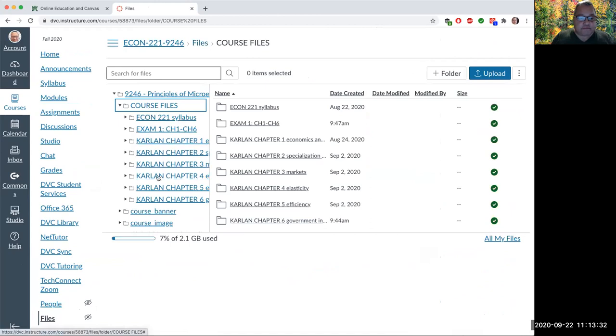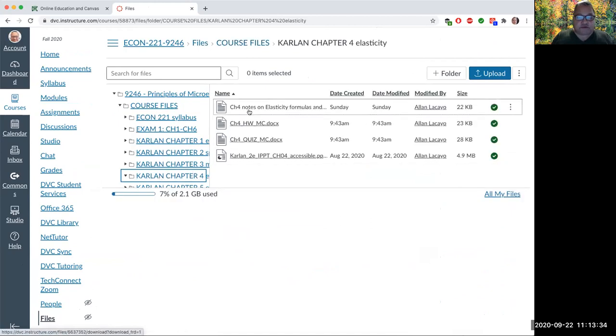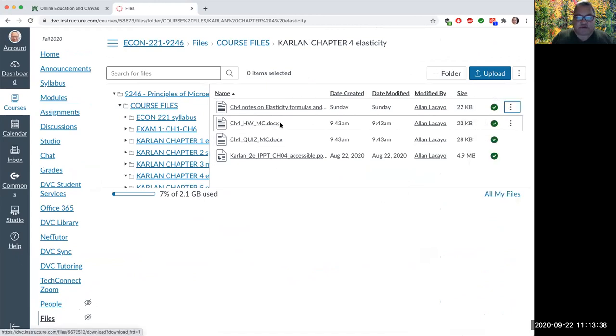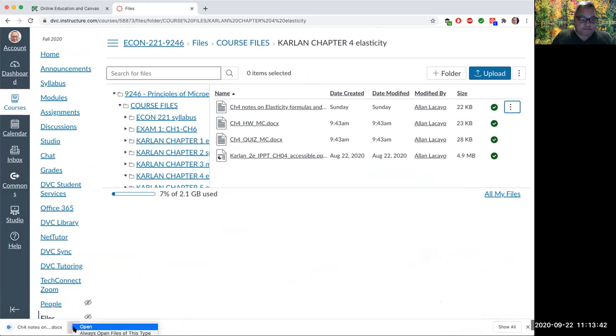This file is a notes file called Chapter 4 Notes on Elasticity Formulas. You'll be able to download this from your announcements.